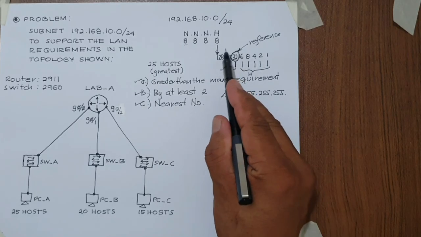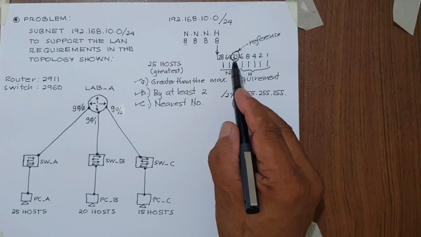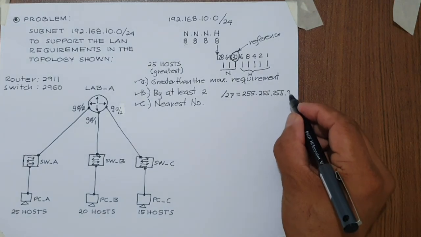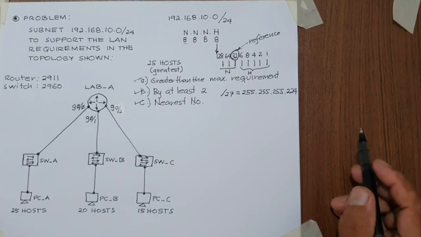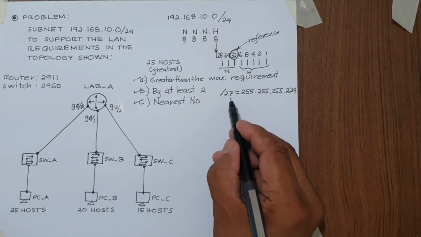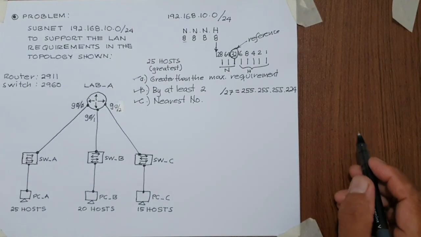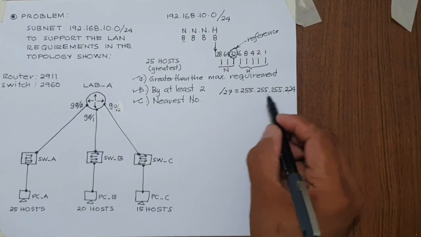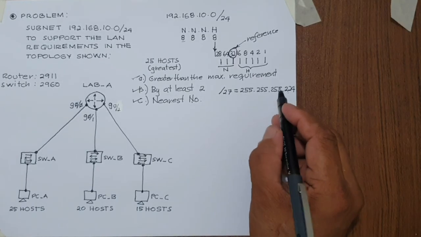So we will add these values, 128 plus 64 plus 32, and that will be equal to 224. So this is now the subnet mask that will represent /27. This will also be the subnet mask for all the subnetworks.